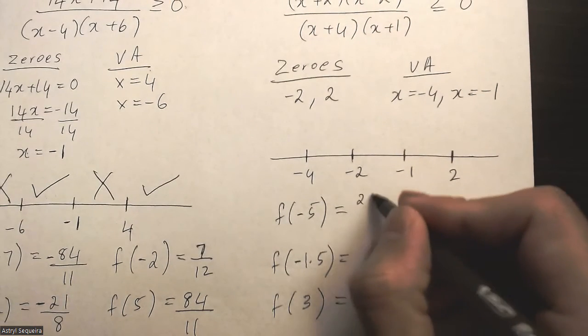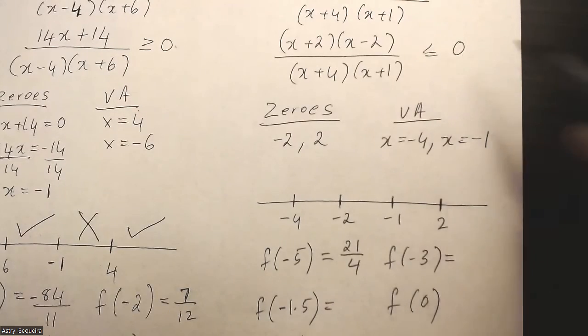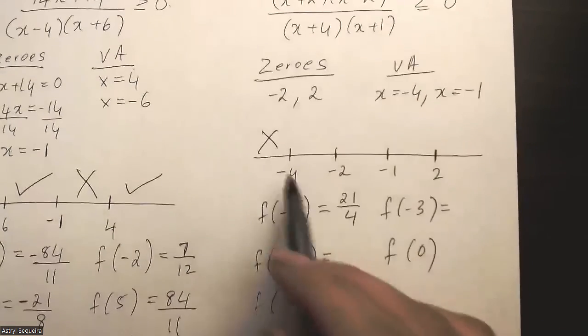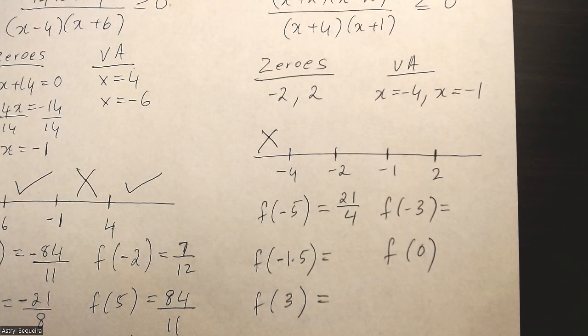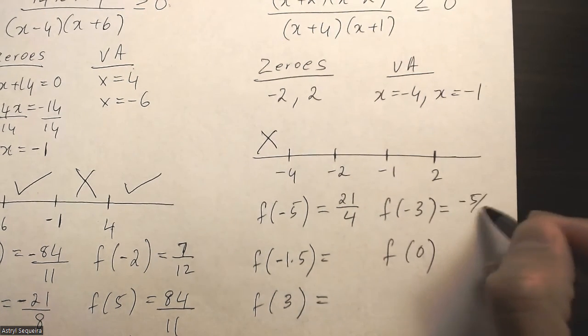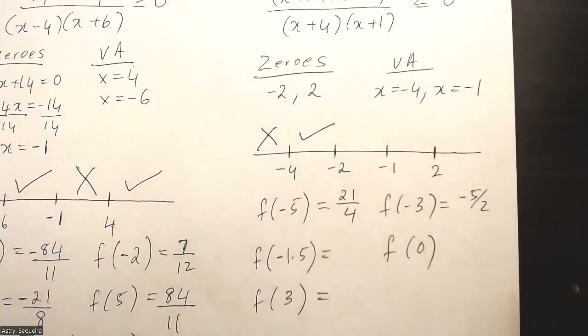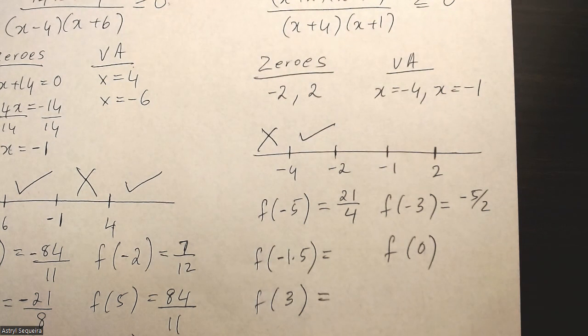And I get 21/4, which is greater than 0, so that's no good. Pick a value between these two, and I pick -3, so let me test that really quick. Get -5/2, which is less than or equal to 0, so that's a good interval. Next, I'll test -1.5.